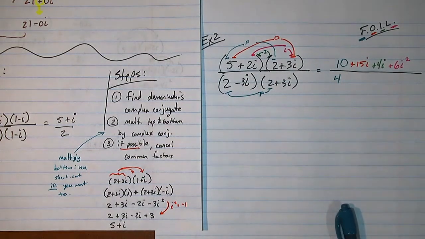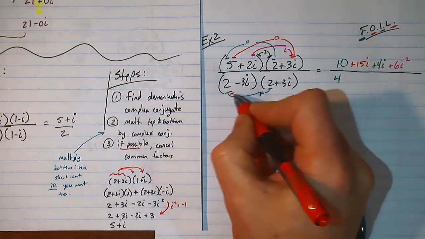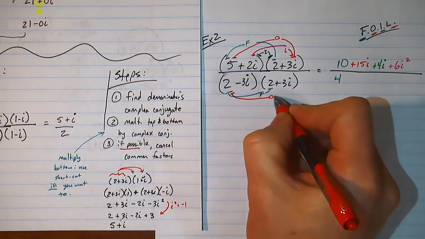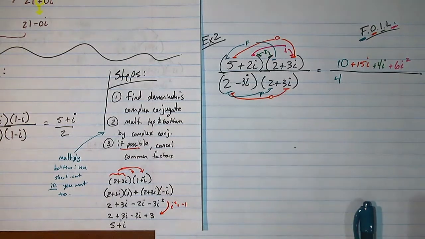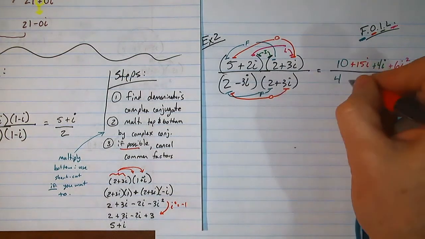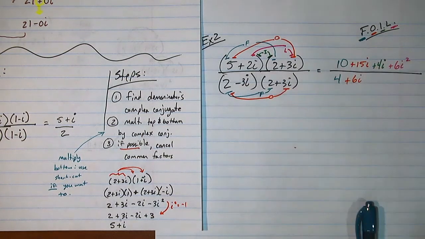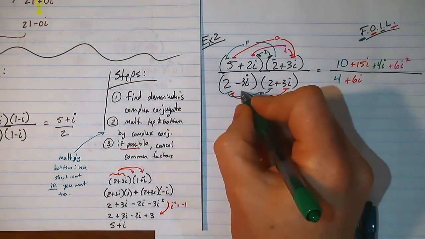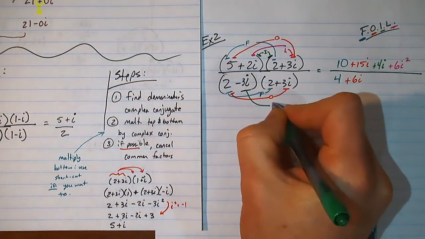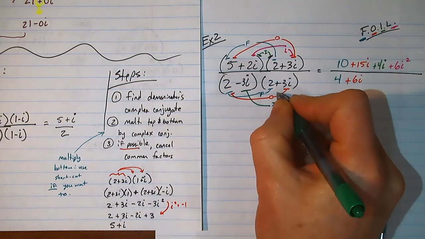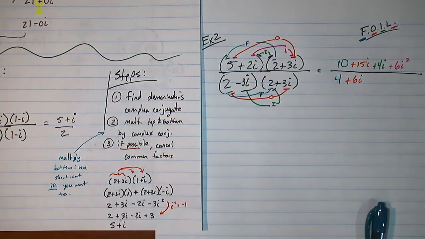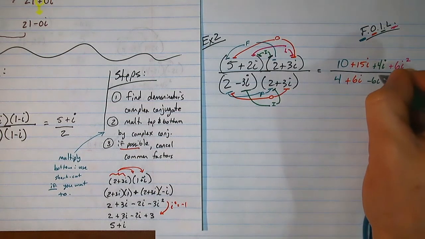My outside is 2 and 3i. There's my outside. So 2 times 3 is 6i. My inner is a negative 3i and a 2. There's my inner. So negative 3 times 2 is going to be negative 6i.